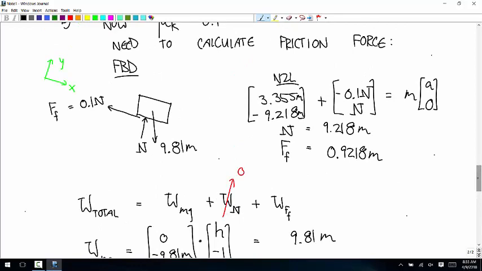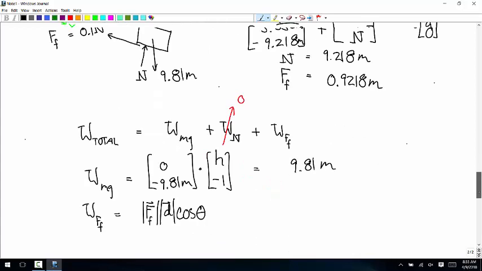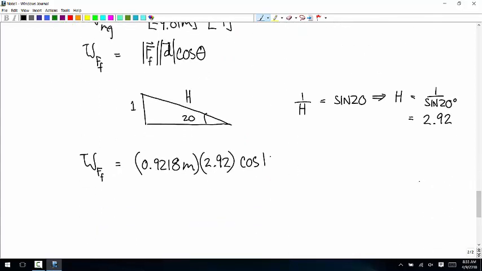The displacement vector is down the ramp. It's 180, so the cosine is -1. So we get negative 2.69 m.